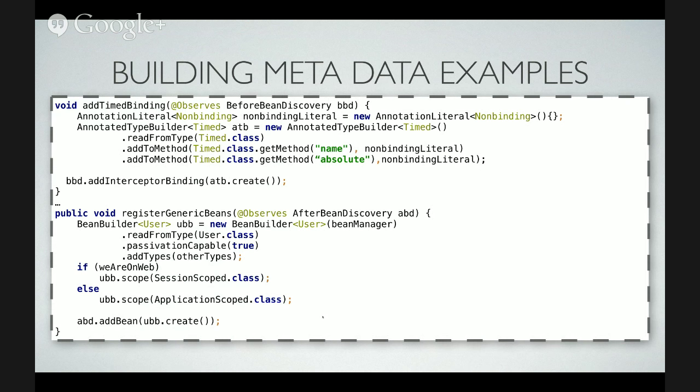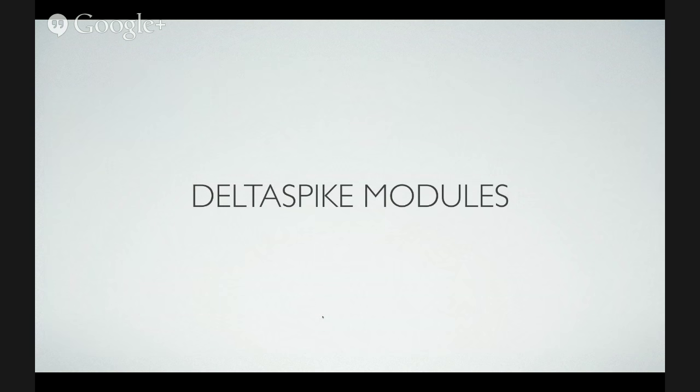And after that, we create the bean by calling the create method from the builder, and we add the bean to the set of beans in the bean manager. Okay, that's all for the DeltaSpike core. Again, there are a lot of other things in core. You can go to the documentation on the site and check by yourself.